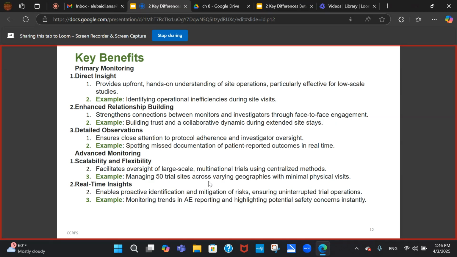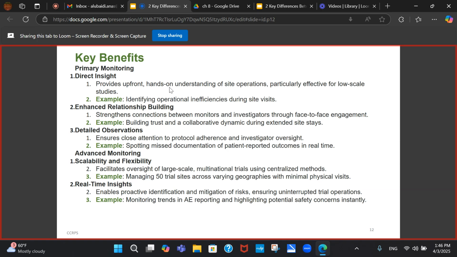Key benefits. So here we'll review the key benefits for each, primary and advanced monitoring. In primary monitoring, the key benefits, despite the order, are direct insight, enhanced relationship building, and detailed observations. We have the direct insight, which provides upfront hands-on understanding of site operations, particularly effective for low-scale studies.